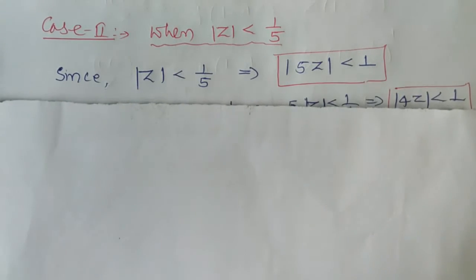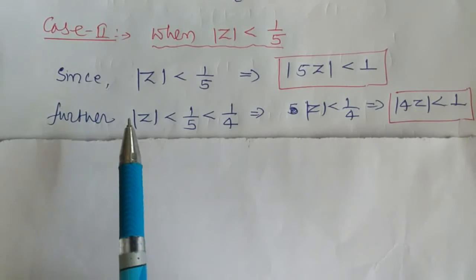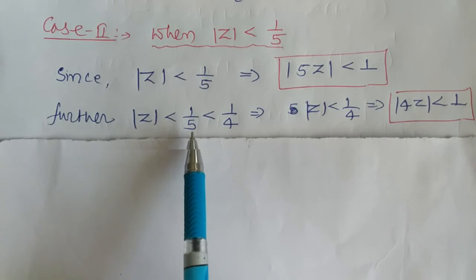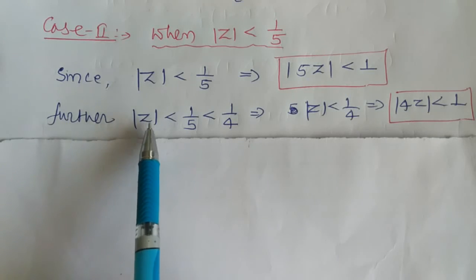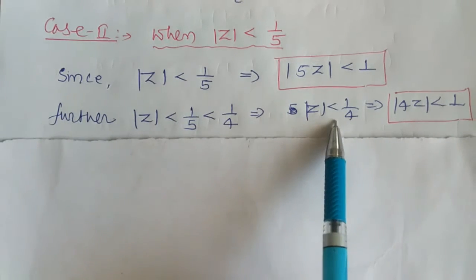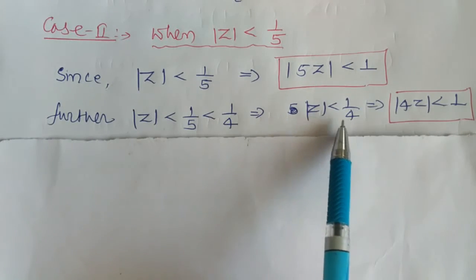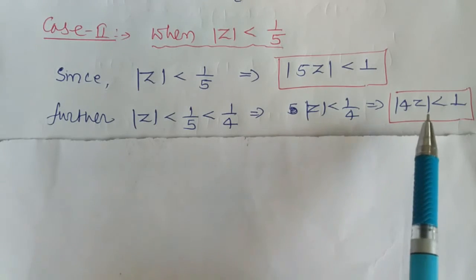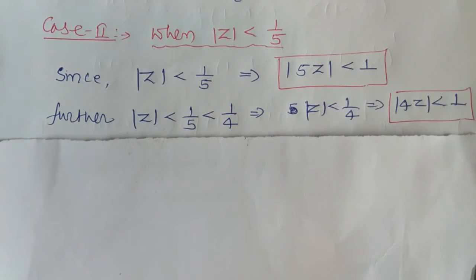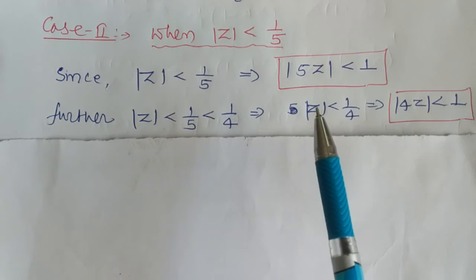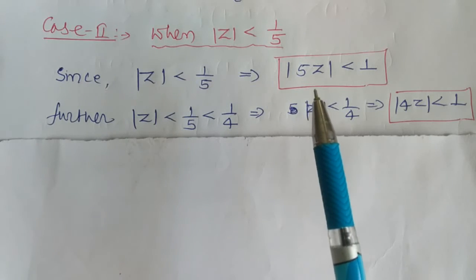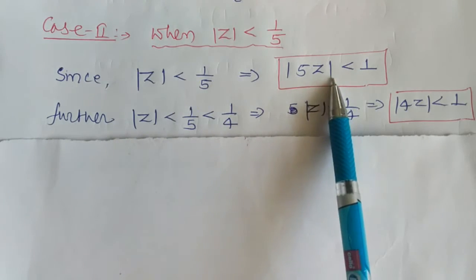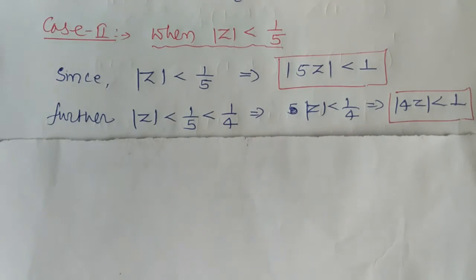Further, mod z is less than 1 by 5 and 1 by 5 is less than 1 by 4, so this implies mod z is less than 1 by 4, which gives mod 4z is less than 1. So the region of convergence suggests that we have to expand the given function in terms of 5z and in terms of 4z.